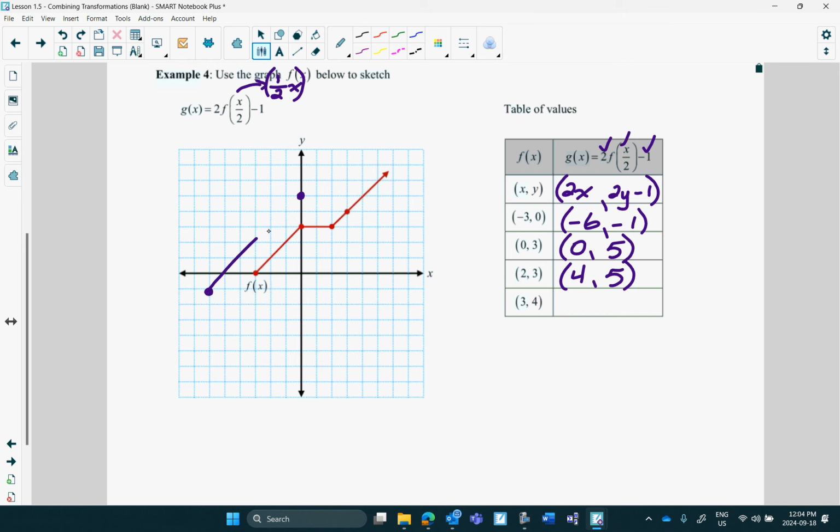All right, connect as I go. Two times 3 is 6. 2 times 4 is 8 minus 1 is 7. And the arrow hits. And that's it.